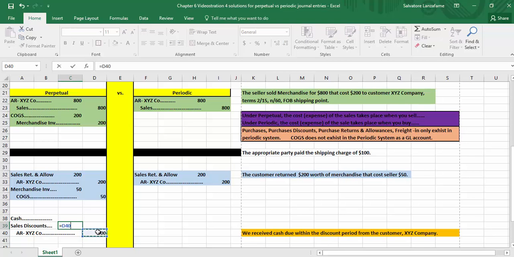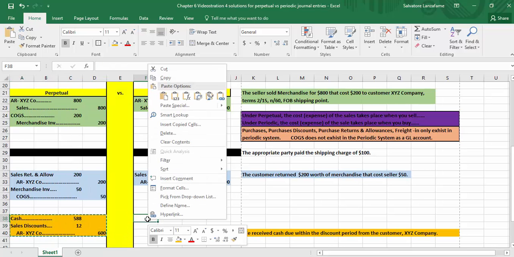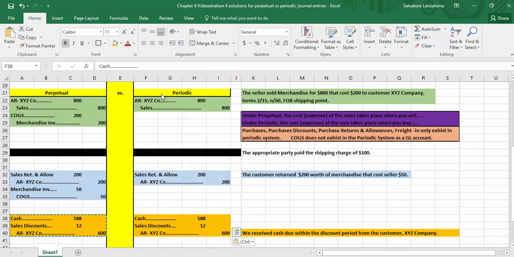So 600 multiplied by the 2% gives us 12, and the difference between the two, 600 minus 12, is how much cash we're actually getting from the customer. So the exact same entry is done under periodic. It's the only one that's exactly the same under both systems.